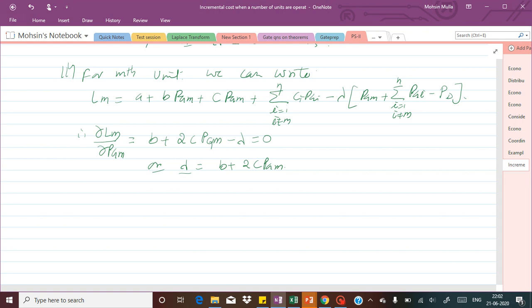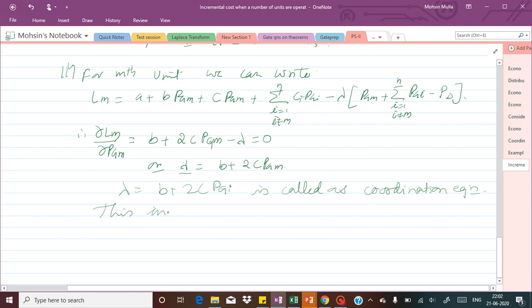So from this particular form, lambda equals b plus 2c Pgi. I can generally write this for the ith unit, and it is called the coordination equation, and this indicates the incremental cost.